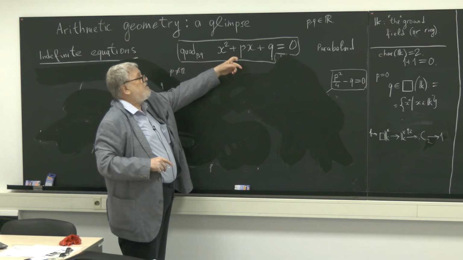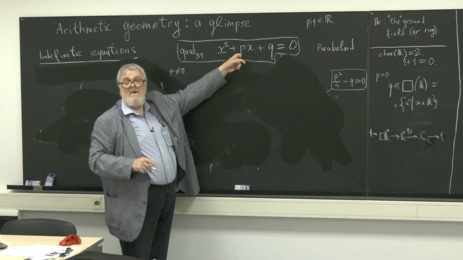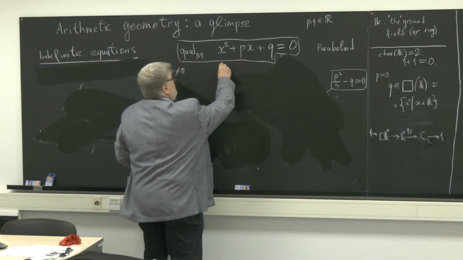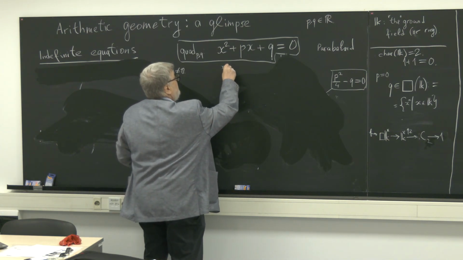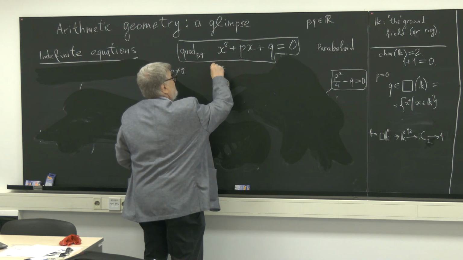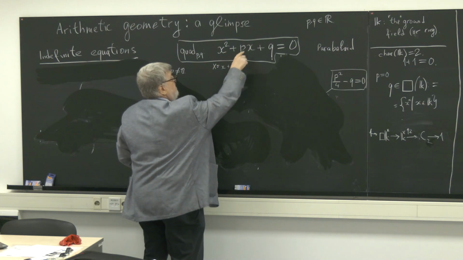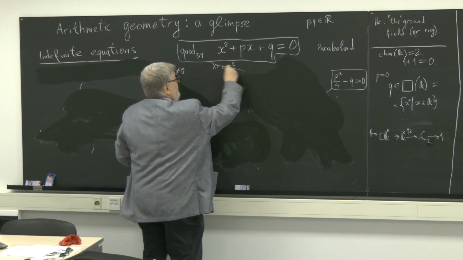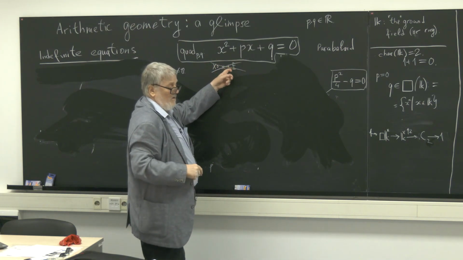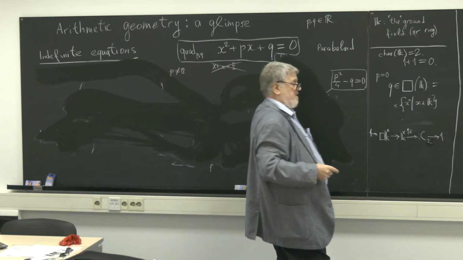So we cannot do what we are taught in school. We cannot introduce x, that is x plus p over 2, yes, to kill this term. There are no halves in characteristic 2.